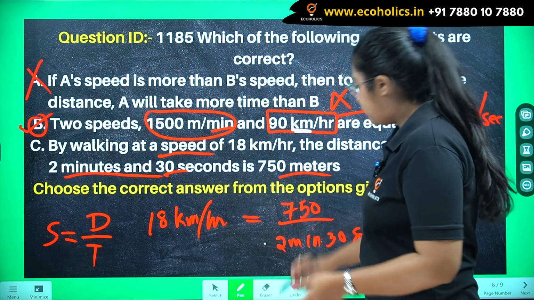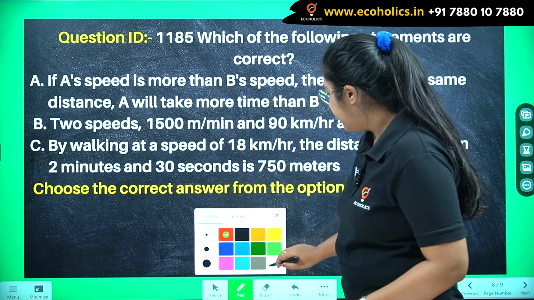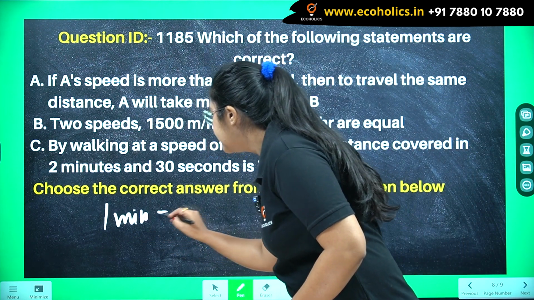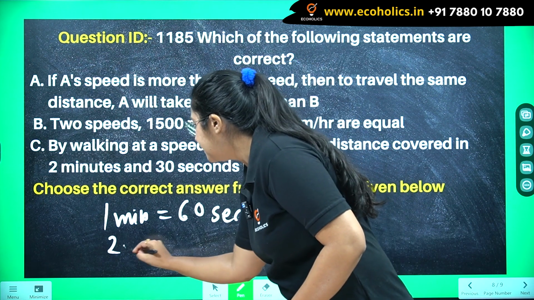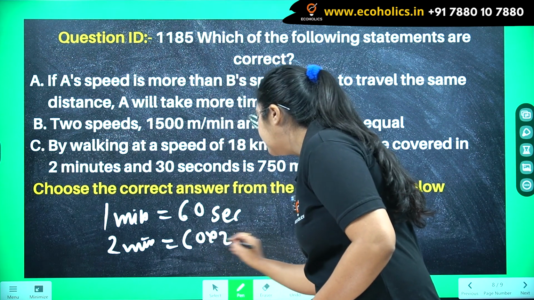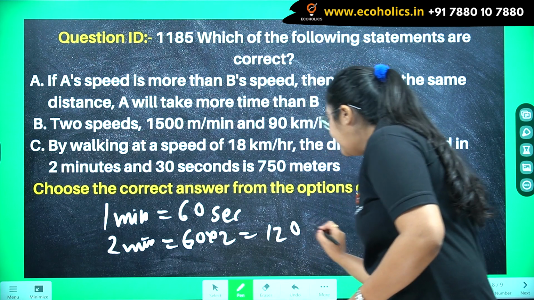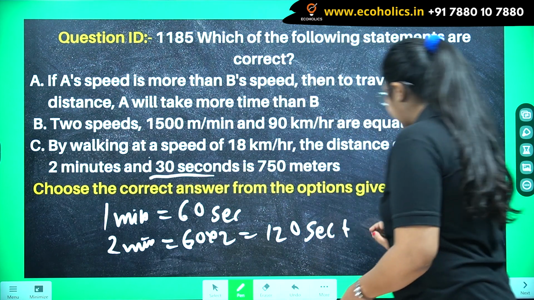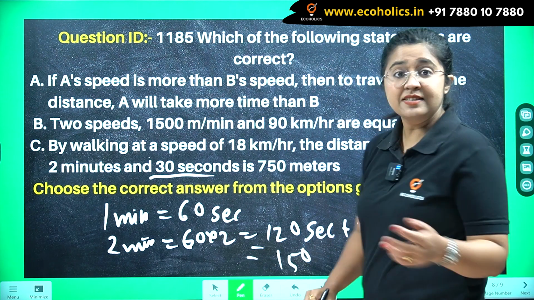Okay, just let me write this also so that you all will have no confusion. 1 minute is equal to 60 seconds. So 2 minutes is equal to 60 into 2, right? So 120 seconds plus the remaining 30 seconds will give you 150 seconds.